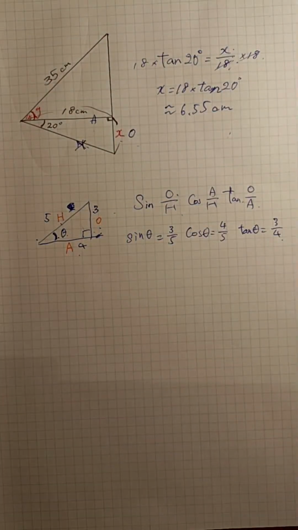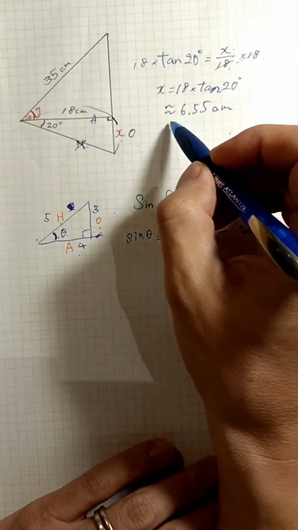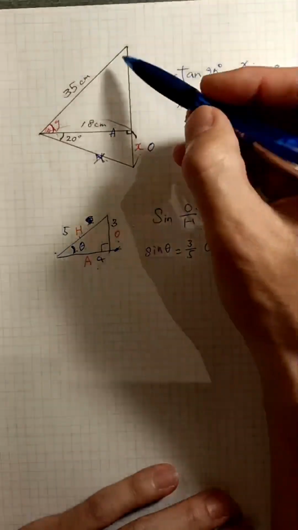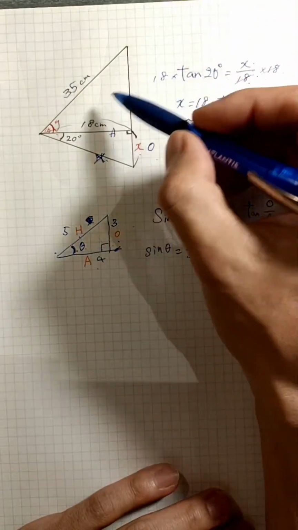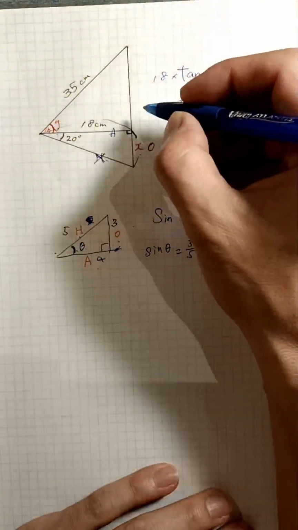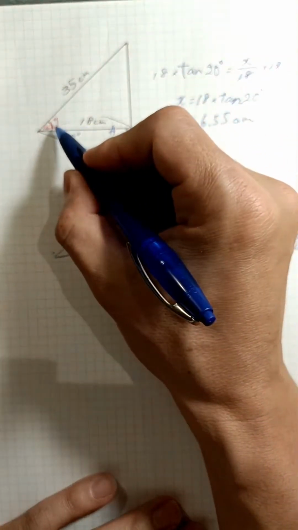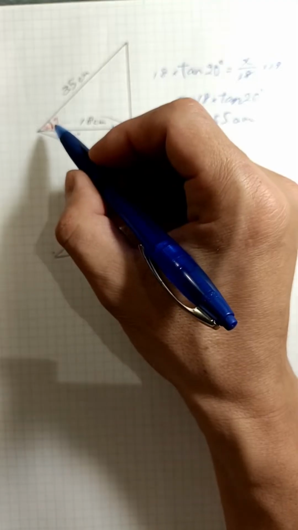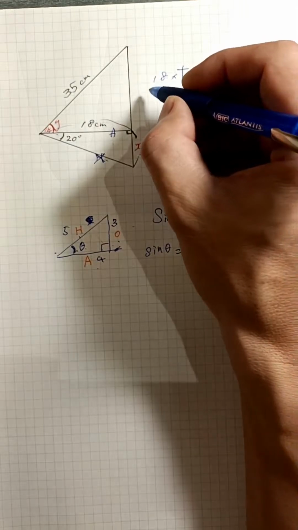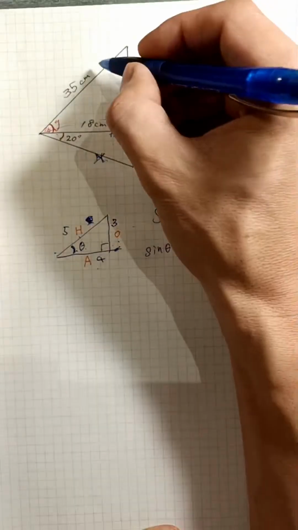Right, okay. What I want to do next is find y. We are looking at this right angle triangle, and we are looking at this angle. So again, we are labelling the sides. This is opposite, so opposite is O, and next to it is adjacent, A, and this is hypotenuse.